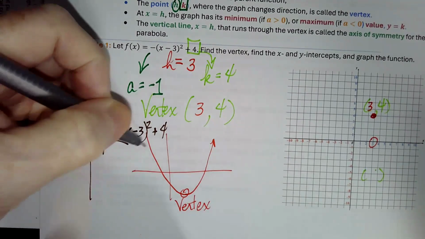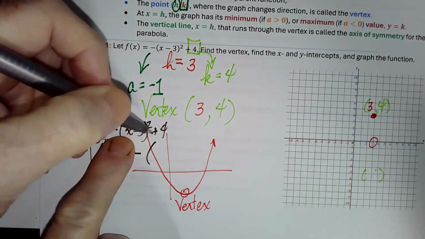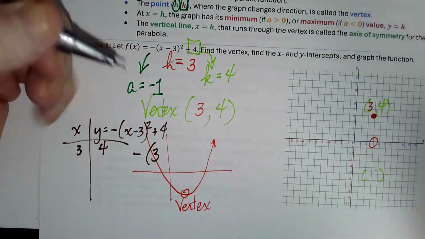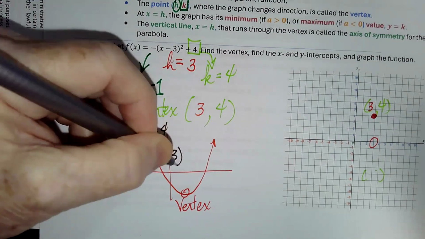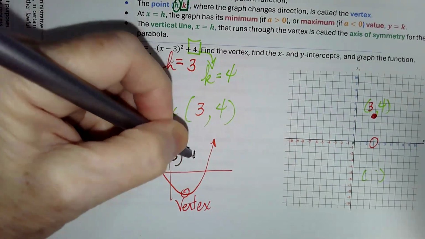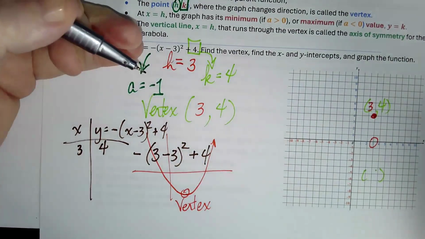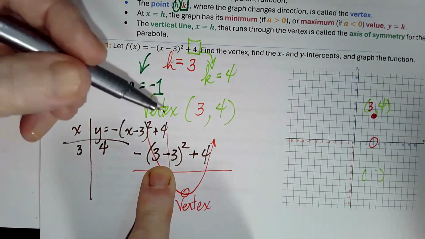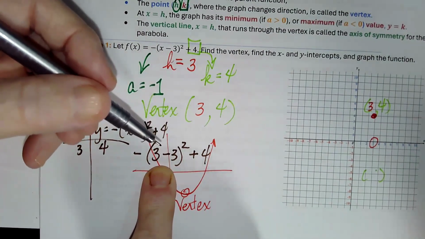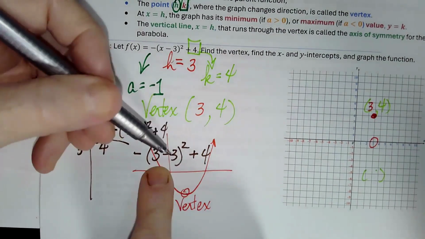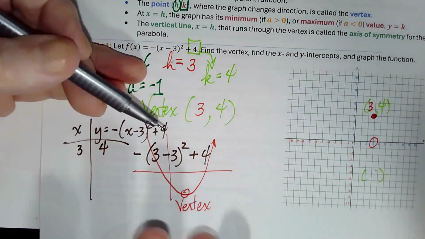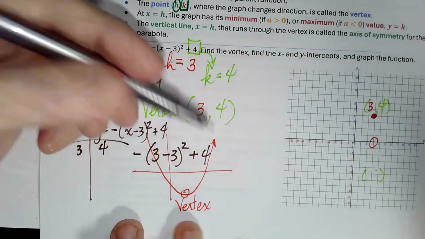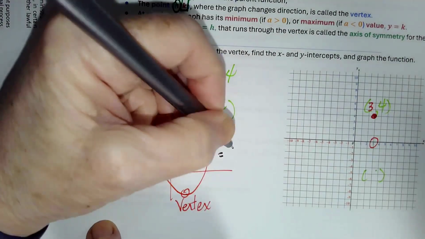So when x is 3, that'll give us negative (3 minus 3) squared plus 4. And what is 3 minus 3? 0. Good. And 0 squared? 0. And then a negative 0. Is that the same as positive 0? Yes. And then adding 4, we just get 4.